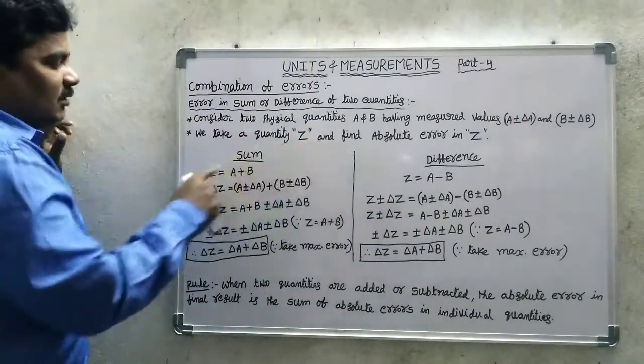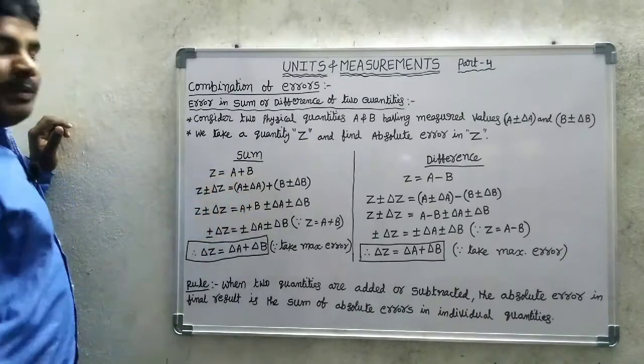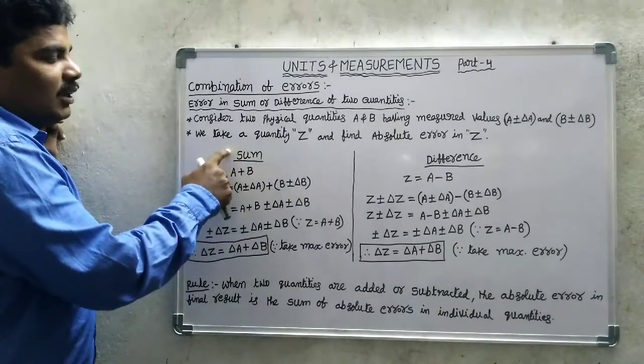Sum. The physical quantity Z is equal to A plus B because we are doing summation.